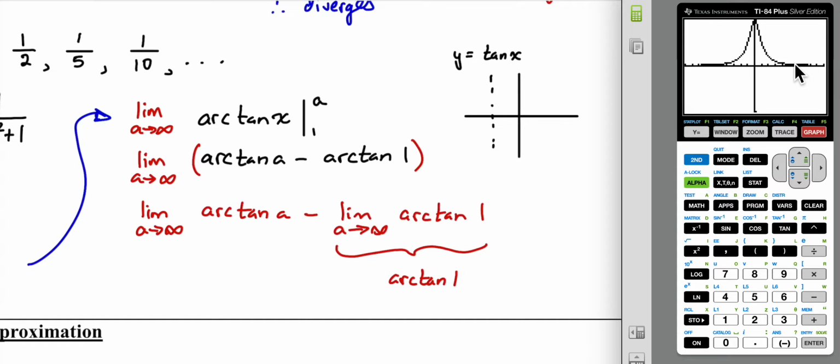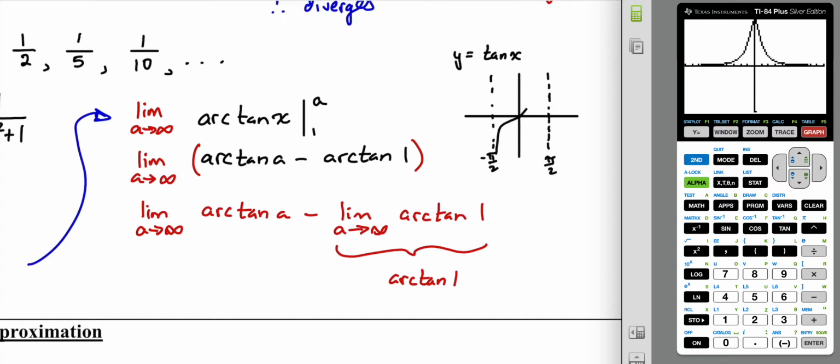Here's negative pi over 2, here's pi over 2. You're looking at a graph along these lines. I'm not an artist, so it's the best I can do.